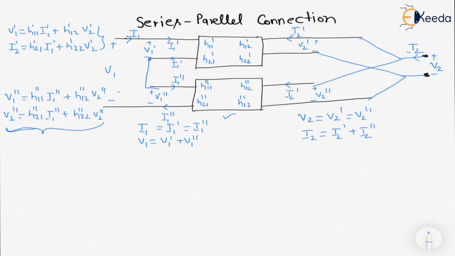So we are going to add these two equations. From here V1 is equal to V1 dash plus V1 double dash. Putting all these values, the value of V1 will be equal to V1 dash, which means H11 dash I1 dash plus H12 dash V2 dash, plus V1 double dash, which means H11 double dash I1 double dash plus H12 double dash V2 double dash.